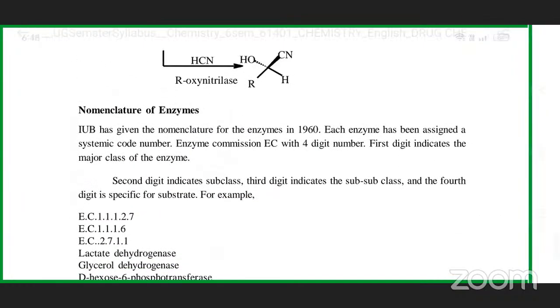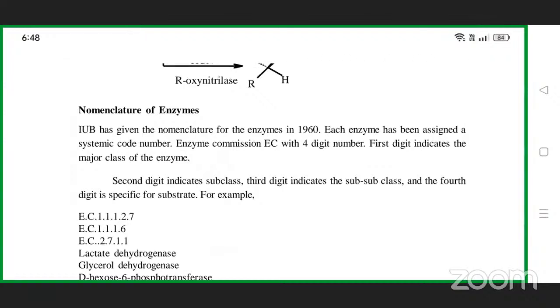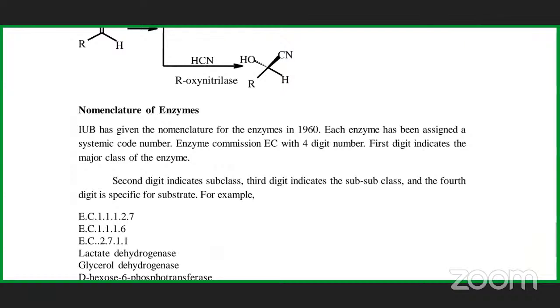Now you see the nomenclature of enzymes. Generally, the International Union of Biochemistry, IUB, gave the nomenclature for these enzymes in 1960, and it assigned each enzyme a systematic code number, the Enzyme Commission EC number, with four digits.